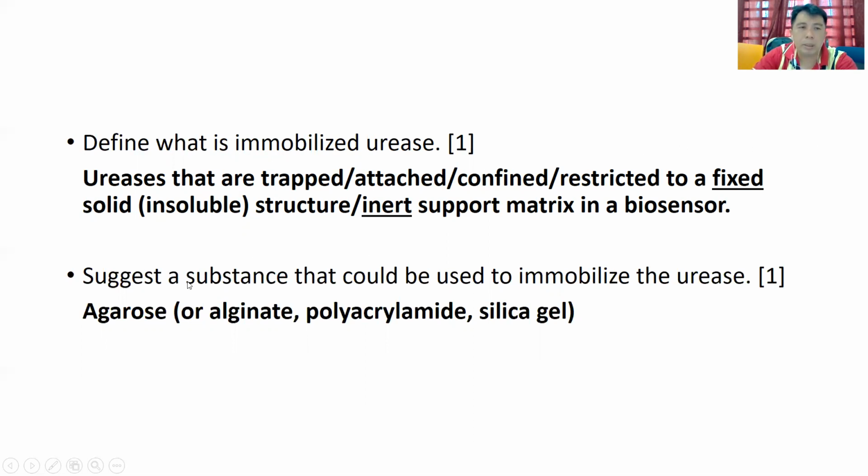Next: suggest a substance that could be used to immobilize the urease. This refers to the support matrix. The question says a substance, that means only one. Since the question didn't mention organic or inorganic, you can choose either one. Remember the question said one, so give one. An example is given.